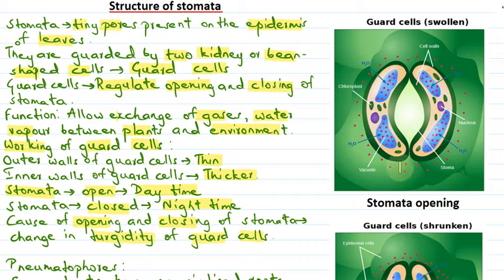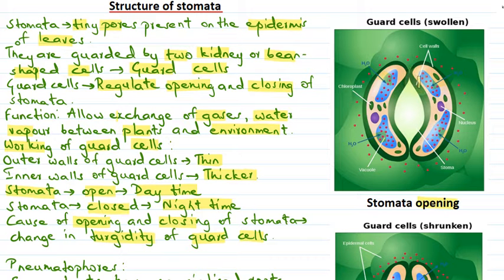Then we saw how guard cells actually work. Here we are representing the opening of stomata. When there is an influx of water, that is, when H2O is moving inside the guard cells, the turgidity of the guard cells increases, and they become more turgid.